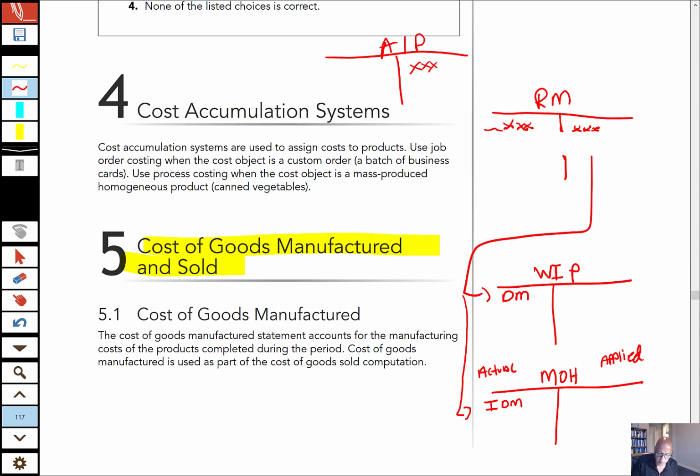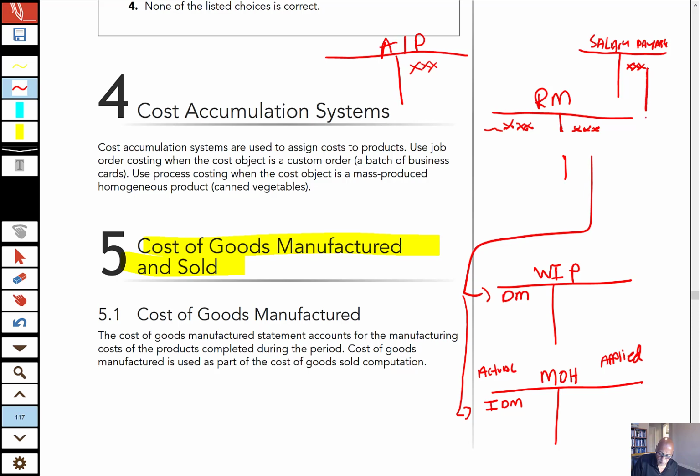Now let's say we have some direct labor. What are we going to do? We will have a credit to wages payable, salaries payable. Somehow I think I'm going to regret writing it up here, but that's all right. So we'll credit salaries payable.